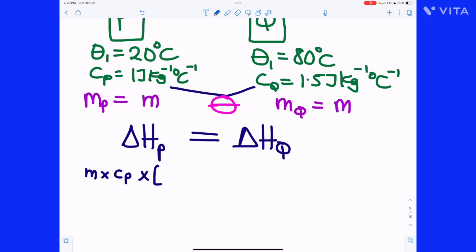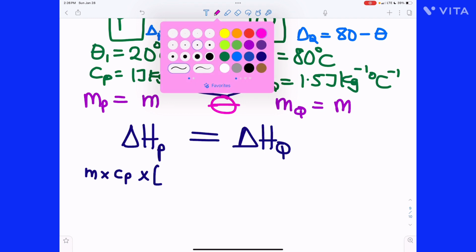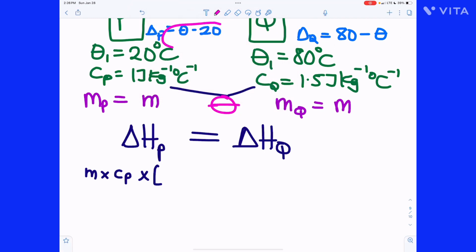That means the temperature change in P will be theta minus 20, while the temperature change in Q will be 80 minus theta, because P will increase in temperature from 20 to theta, while Q will decrease in temperature from 80 to theta. So take note of those differences. The temperature of P will have to increase from 20 to theta. So if we do final minus initial, we'll be doing theta minus 20 in the right order, because theta will be bigger than 20.